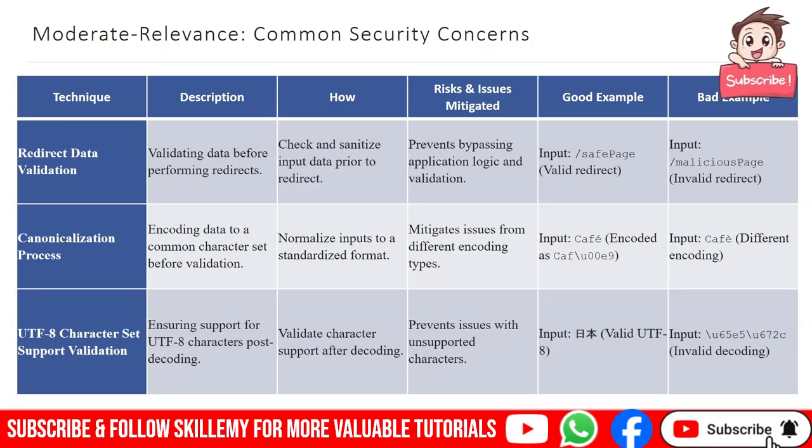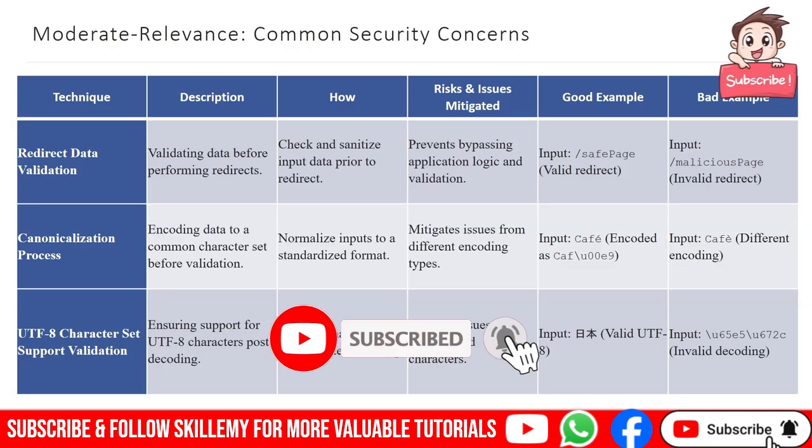Moving on, we have UTF-8 character set support validation. This technique ensures that the system can accurately handle and process UTF-8 characters after decoding. Given that many web applications interact with users globally, it's essential to support a wide range of characters. By validating character support, we prevent issues related to unsupported or incorrectly decoded characters.